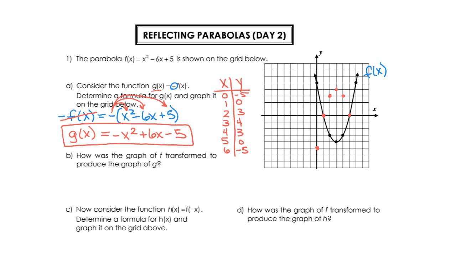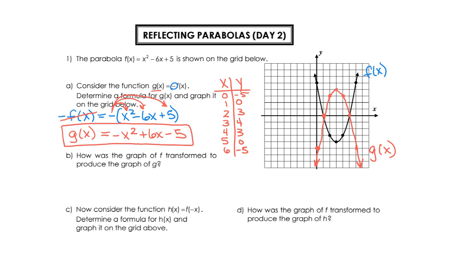I'm going to go from the turning point in a nice smooth curve this way, and from the turning point in a nice smooth curve that way. All right, and that is going to be g of x.